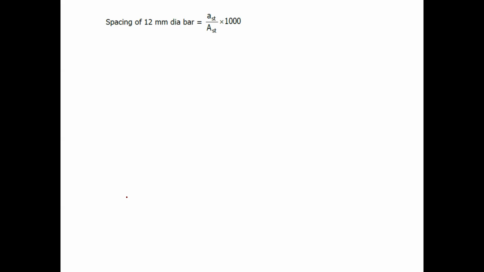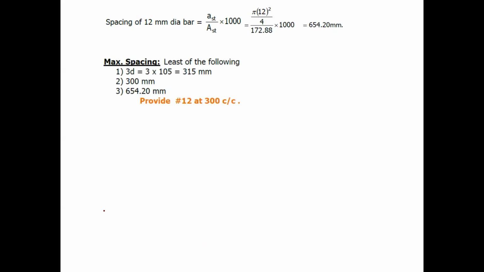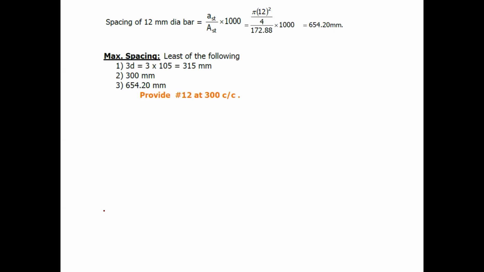So how much are you getting for spacing? 654.19. Okay. Next, maximum spacing is the least of the following. So here when you compare with the maximum spacing, 300 is the minimum, right? So now take down, provide 12 mm dia at 300 mm center to center.